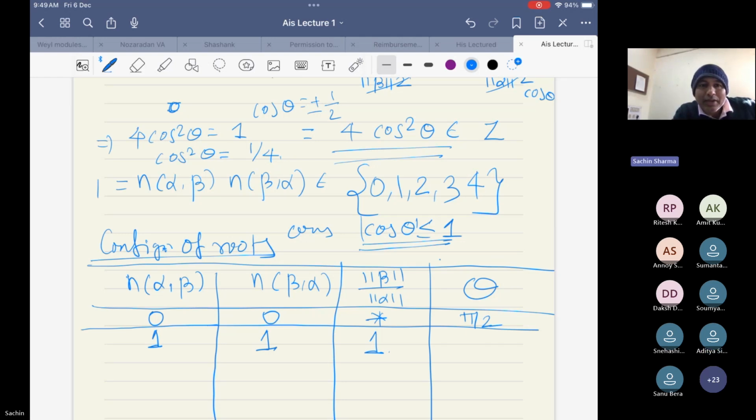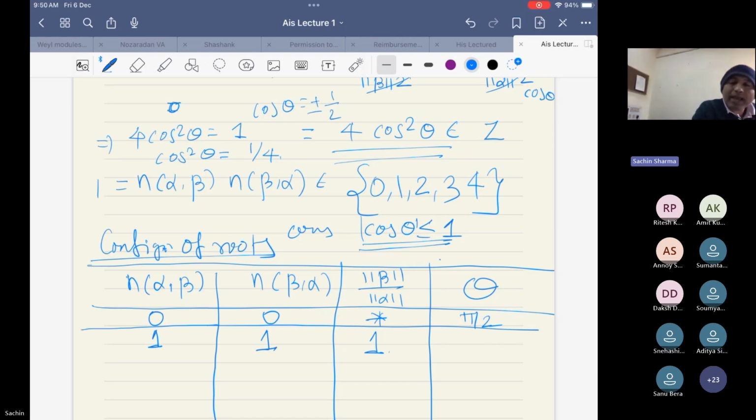Plus, because of n(alpha, beta). The angle must be an acute one because their inner product is greater than 0. If the angle is obtuse, their inner product is less than or equal to 0, and if the angle is acute, it is greater.